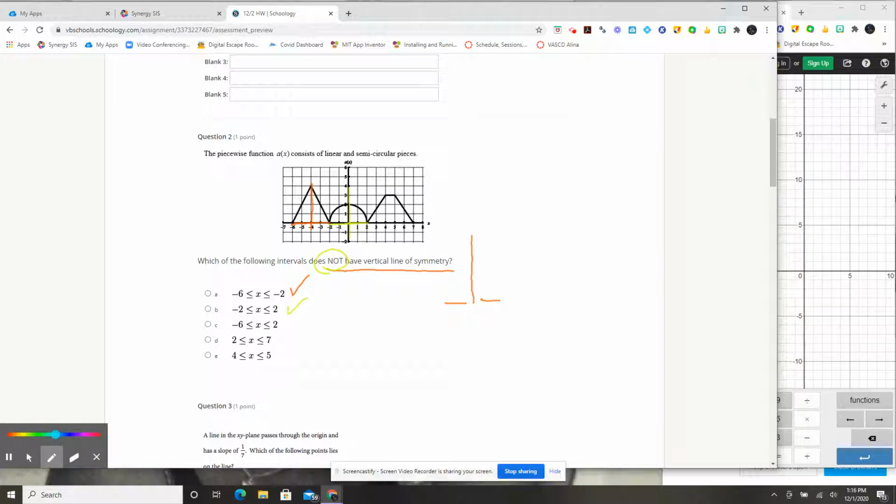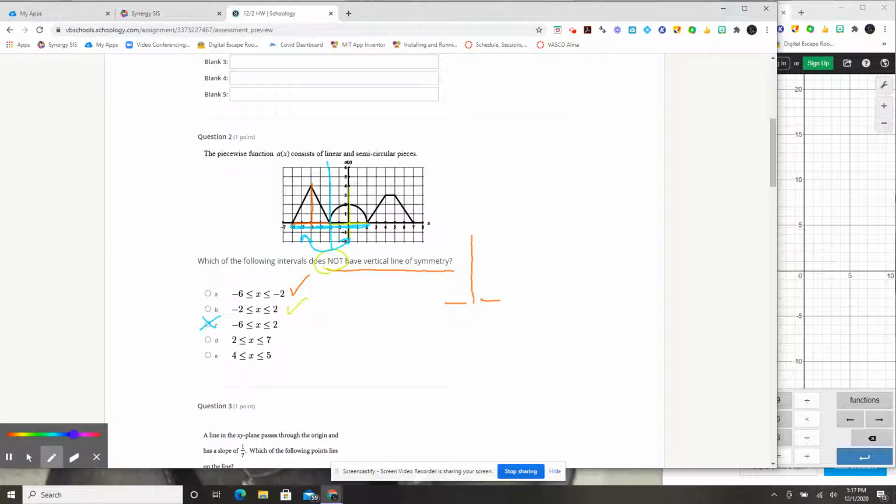What if I look from -6 to +2? -6 to +2 is that whole way. Is there any way for me to slice that in half and have the left and the right be exactly the same? I think this one does not work. So let's go ahead and test the rest of them because we might find a surprise.